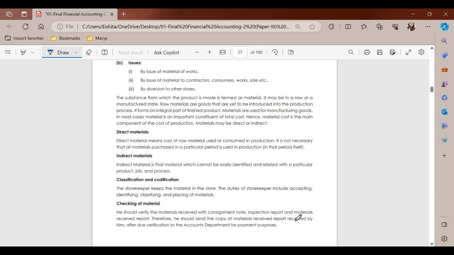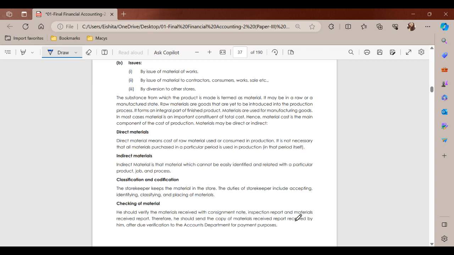So we will see that 500 units you purchase in the current month, of which 20 are used in the next month. Just an example here. And second is indirect material. Indirect material is that material which cannot be easily identified and related with a particular product, job, or process.